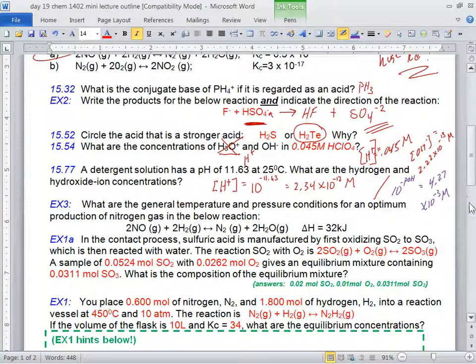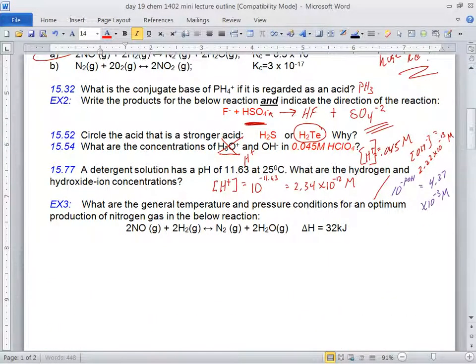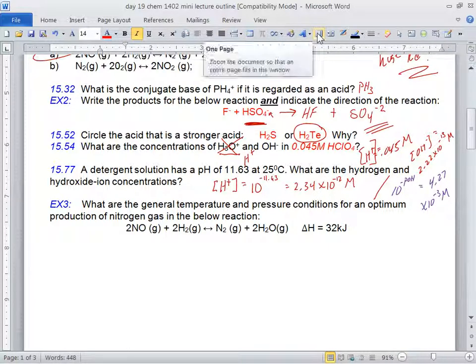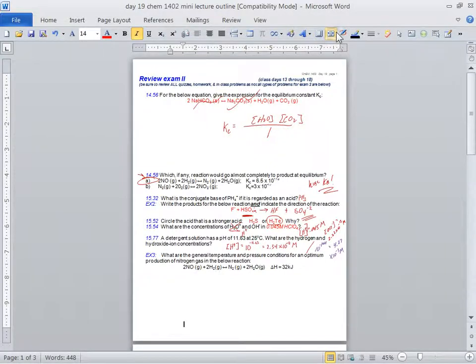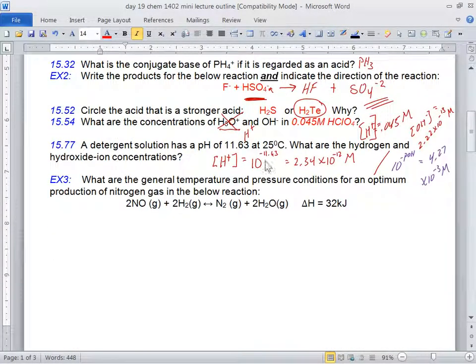Do you remember these? These were confusing. And since they're confusing, I can pretty much guarantee they're going to be on the exam because they're so bloody confusing. All right. What are the general temperature and pressure conditions? Let me set this up first.